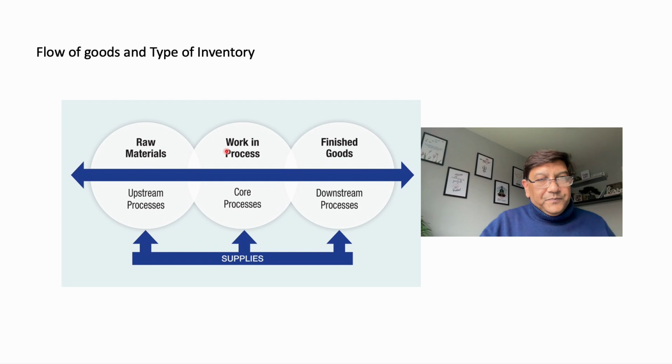For example, we have 1,000 pieces of a component in the raw material inventory, and 100 products being manufactured, so 100 components are within this work in process. It could be an assembly line or any manufacturing unit.